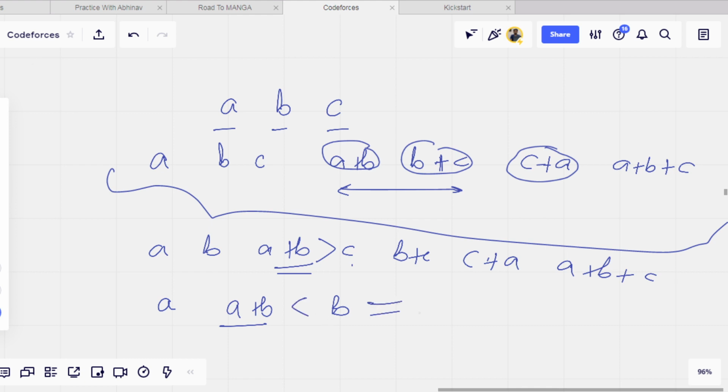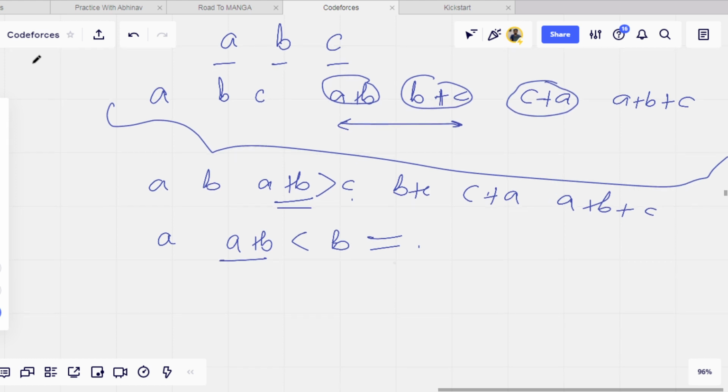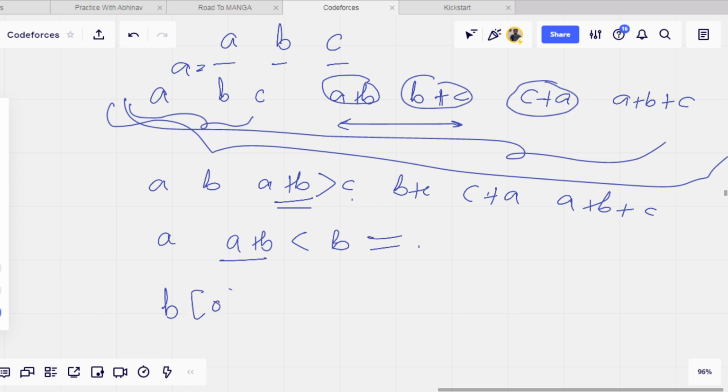It is not possible. So the thing is that in this particular sorted sequence of 7 numbers, the first two numbers will always be the numbers of the array A. So A will be the first element of array B, the second element of array B, and the third element will be the last element minus the first and second elements.